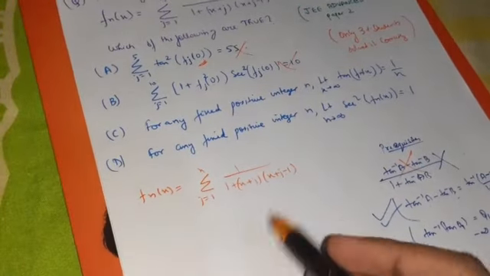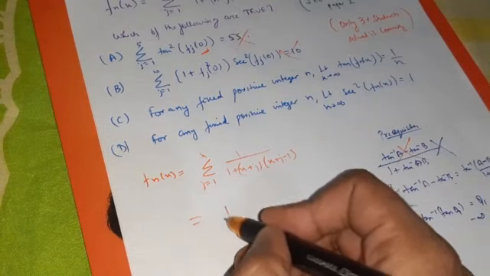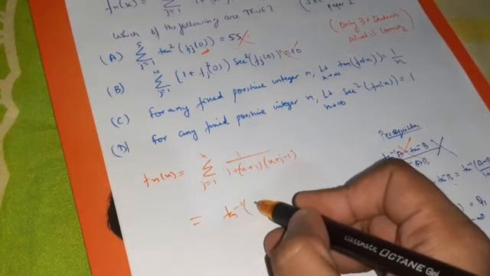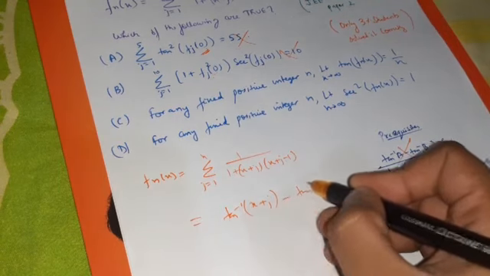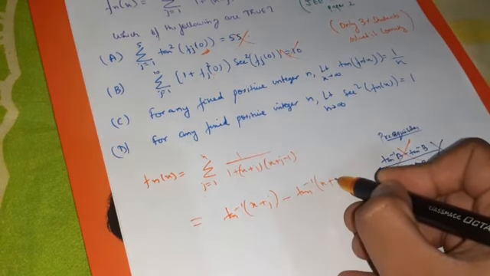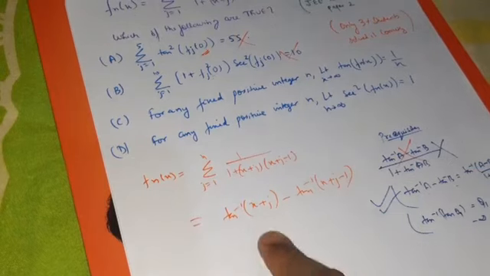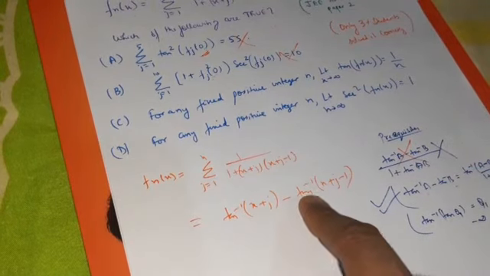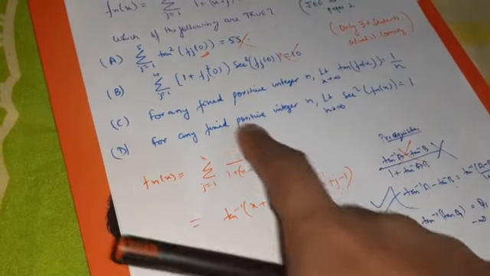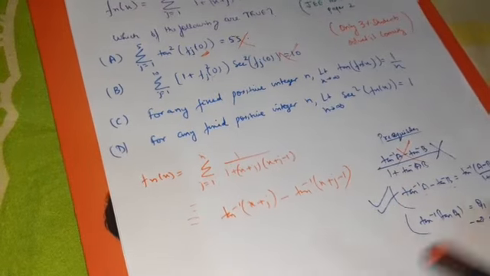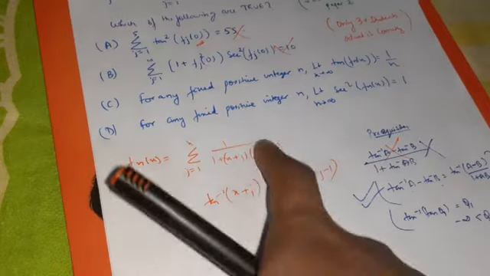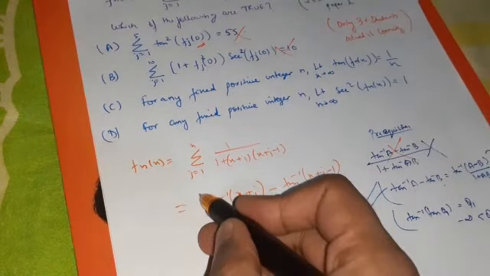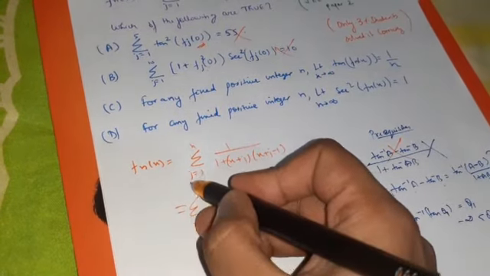We can write this function as tan inverse of (x plus j) minus tan inverse of (x plus j minus 1). When you simplify it, x plus j minus x minus j plus 1 gives 1, and 1 plus ab comes here. So this will be simplified as this. Now we are taking the summation.